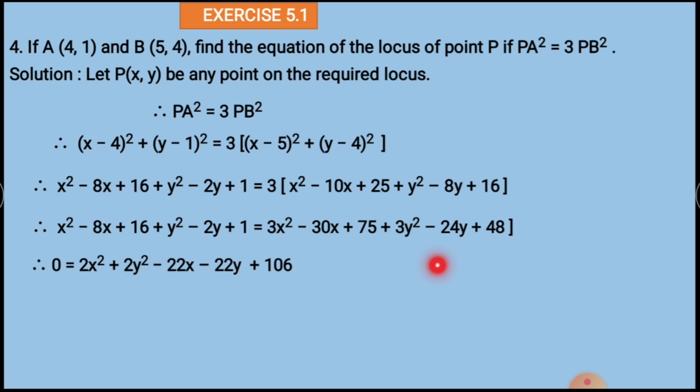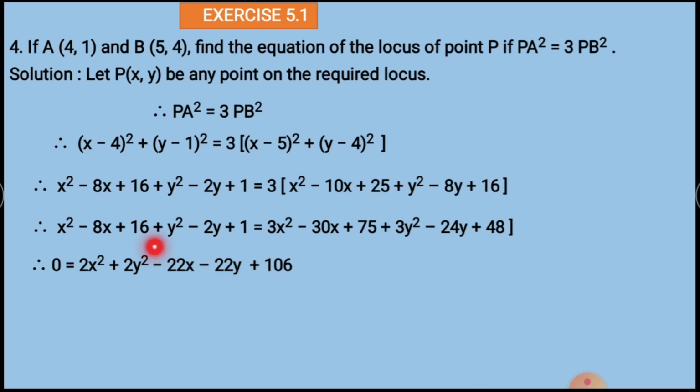Then terms of x: minus 30x, when we transfer this minus 8x to right hand side we get plus 8x. So minus 30x plus 8x we write here minus 22x. Then minus 24y, this minus 2y after transferring to right hand side we get plus 2y. So minus 24y plus 2y we get minus 22y.